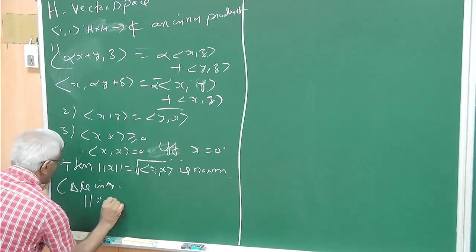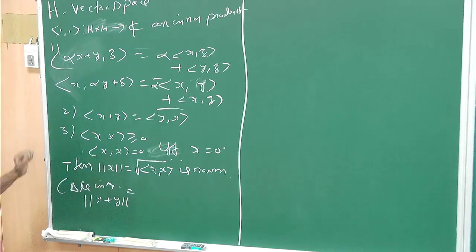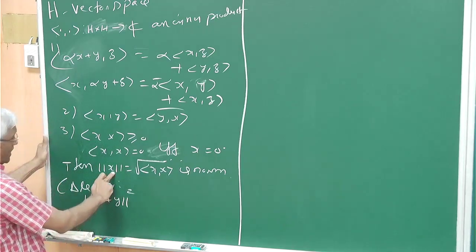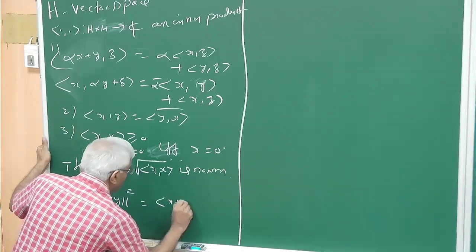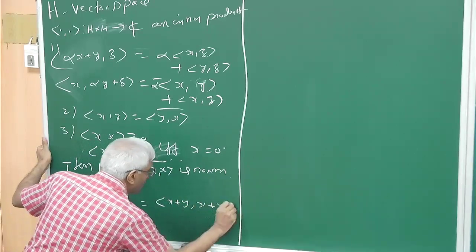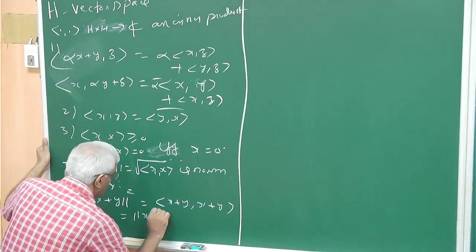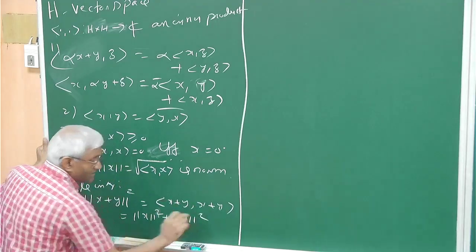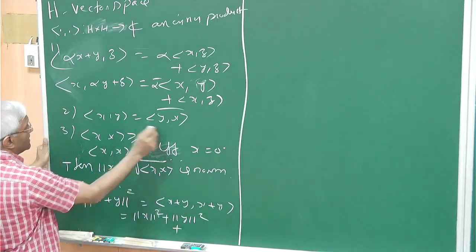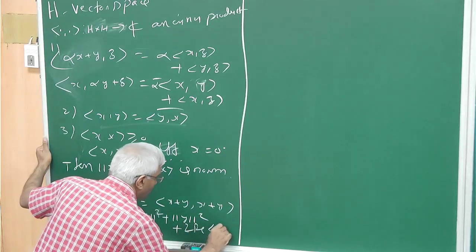If you want to calculate norm of x plus y, you better calculate norm x plus y squared, because norm x plus y squared is <x+y, x+y>, which you can calculate to be norm x squared plus norm y squared plus <x,y> plus <y,x>, which because of this condition will be 2 times the real part of <x,y>.